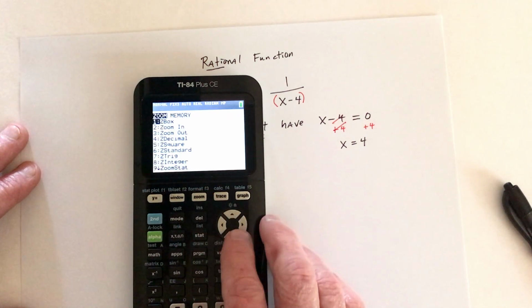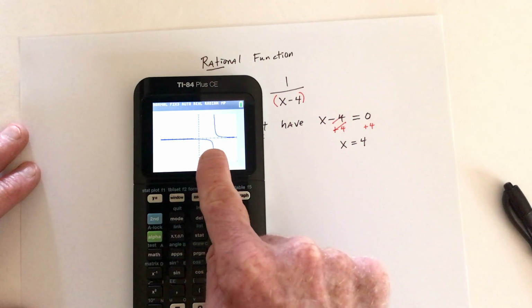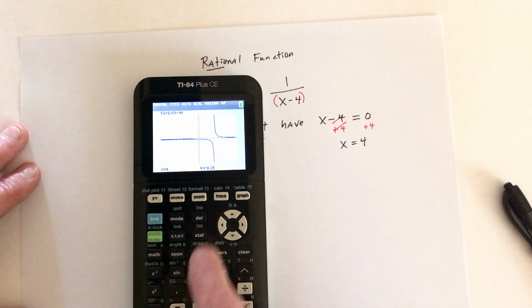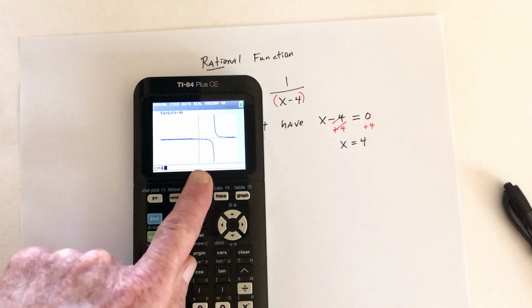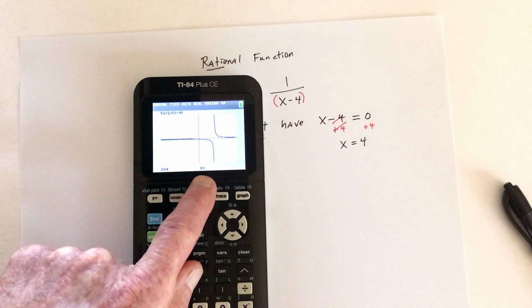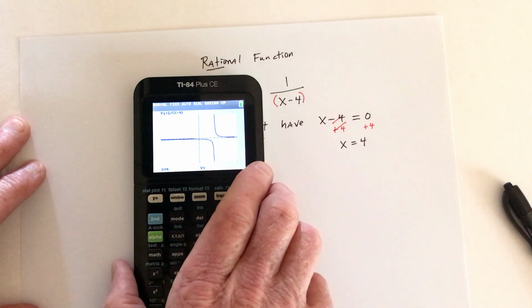So zoom, number 6. And then you'll see the graph is fine until you get to 4. And at 4, there's this split in the graph. And if I trace and I try to plug in a 4, the calculator is going to say there's a blank there. It does not exist because it's causing division by 0 when x equals 4.